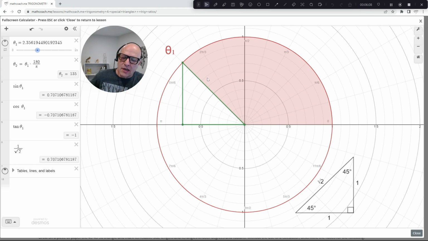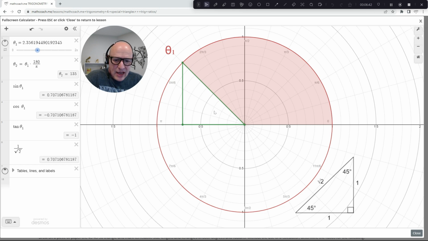So like we discussed when we're looking at the 30, 60, 90 triangle within the calculator, when you are applying the trig ratio, for any angle beyond 90 degrees like 225, you actually apply the trig ratio to its reference angle, okay, the one that is alongside the x-axis.